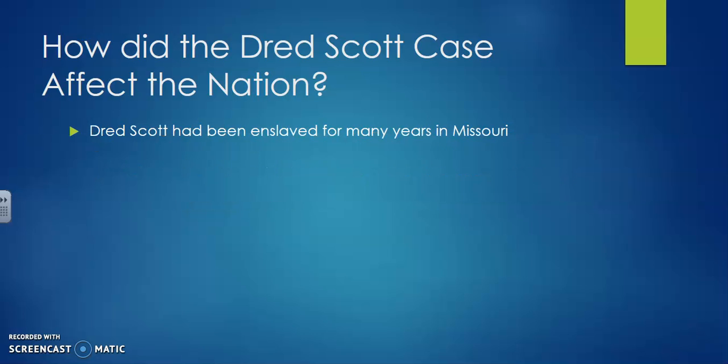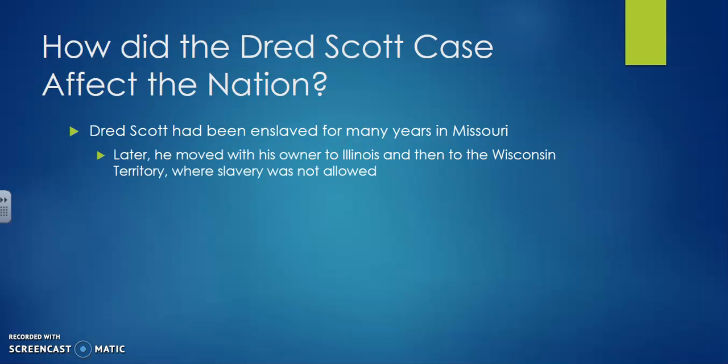Dred Scott had been enslaved for many years in Missouri. His story starts in Missouri, which is a slave state. Later, he will move with his owner to Illinois and then to the Wisconsin territory, where both places did not allow slavery. So Dred Scott starts out a slave, ends a slave too, but he's a slave in Missouri with his owner.